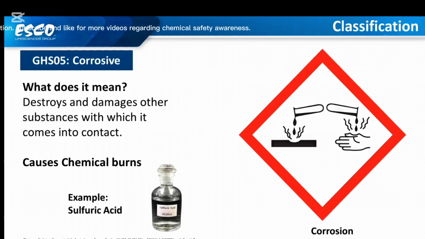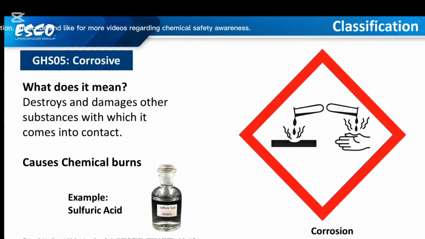And then we have the corrosive family, GHS05, which destroys and damages other substances with which it comes into contact, or it causes chemical burns. For example, we have sulfuric acid, and the labeling sign would be corrosion, as you see, drops on the object and on the hand burning.